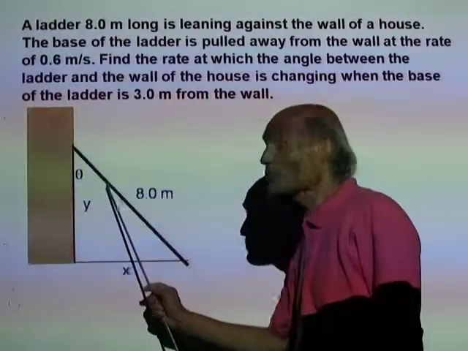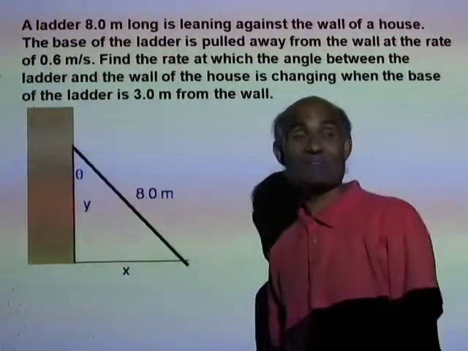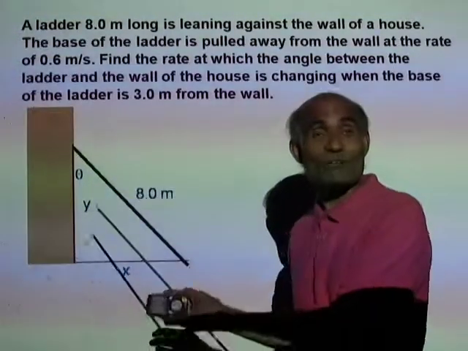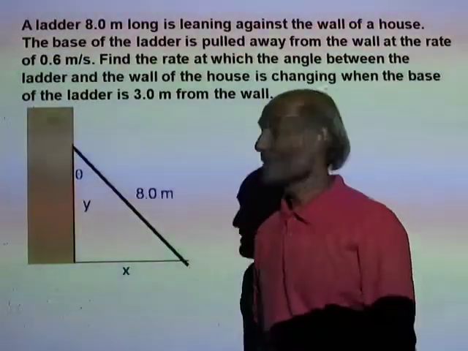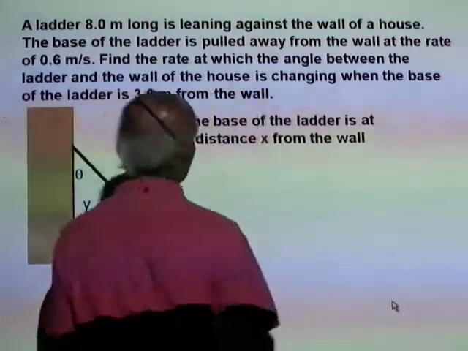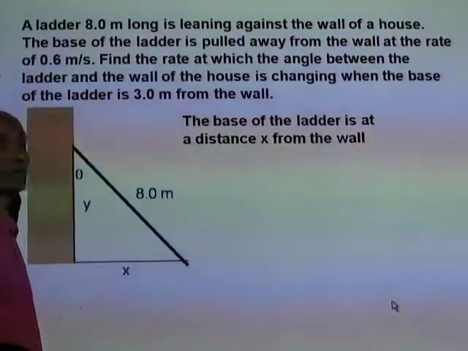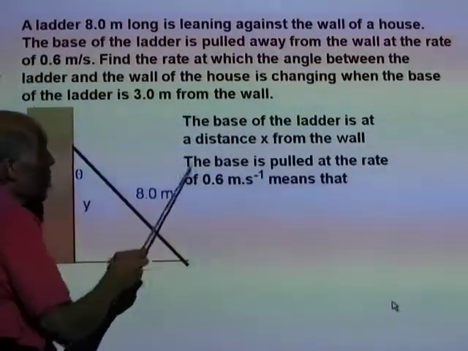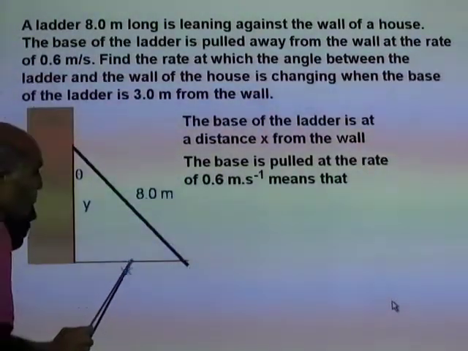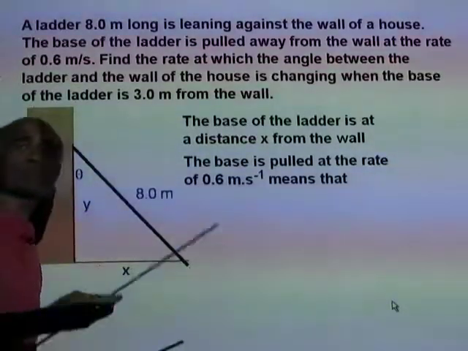The length of the ladder is a constant, that is 8 meters. You have a lot of information in there. Now, the base of the ladder is at a distance x from the wall, and the base is pulled at the rate of 0.6 meters per second.